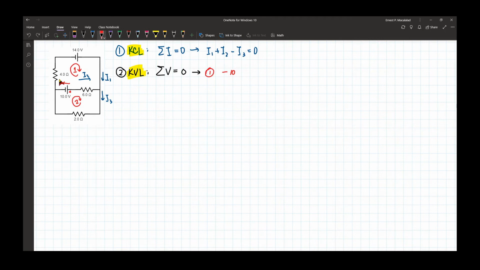Okay. And then for this resistor, the current here is in this direction. Anong sign ng voltage dito? This should be 4 times I1.